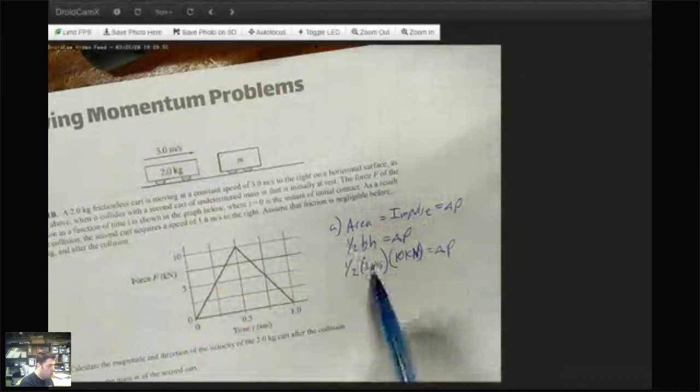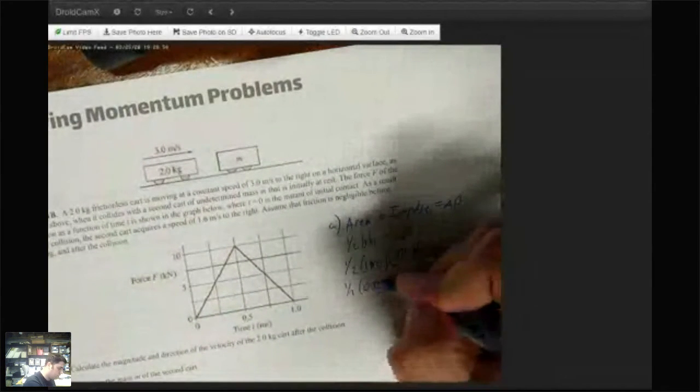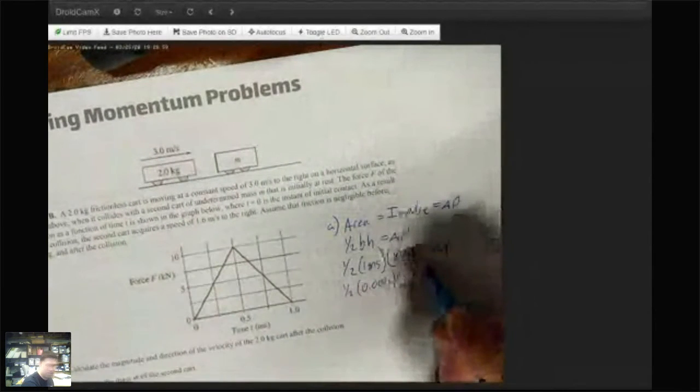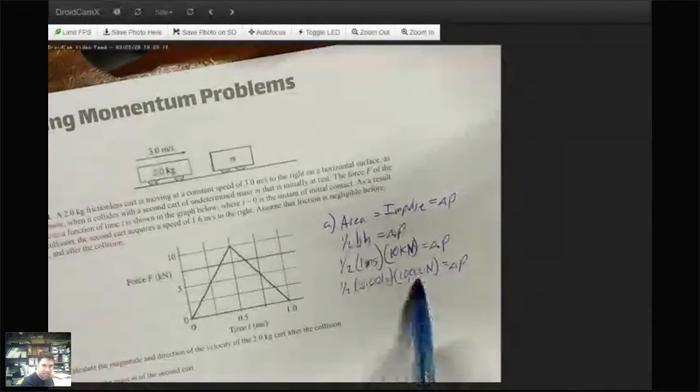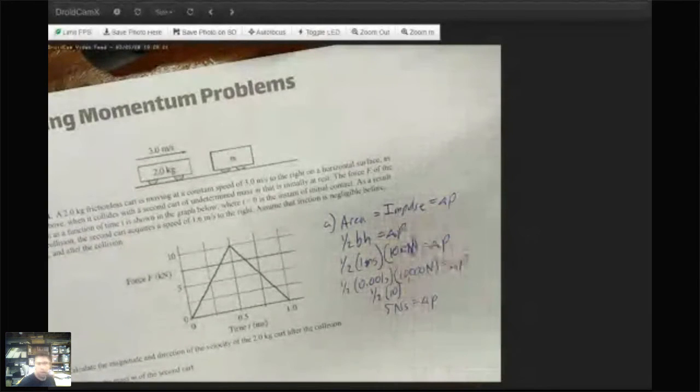So this is 1/2 of 0.001 seconds, times 10,000 newtons, equals delta P. The thousandths cancel out very nicely, and we're left with 1/2 of 10, or 5 Newton seconds, as my change in momentum.